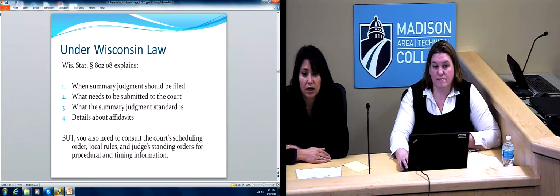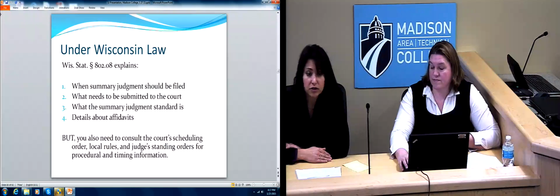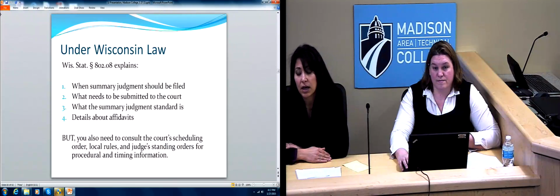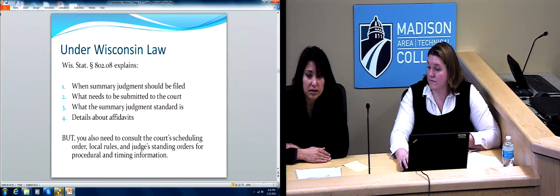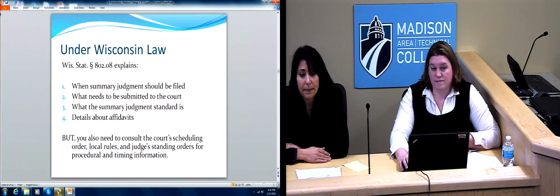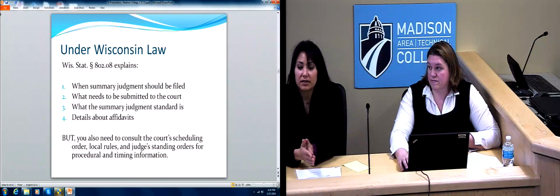Some judges want a courtesy copy, a paper copy, sent to them, and they want it hole punched or stapled or not stapled. Some courts want their exhibits a certain way on a disk or on a thumb drive, and they change. The judge doesn't send out a memo to every lawyer in the state saying, I've changed my rules. So it's very important to consult the rules.